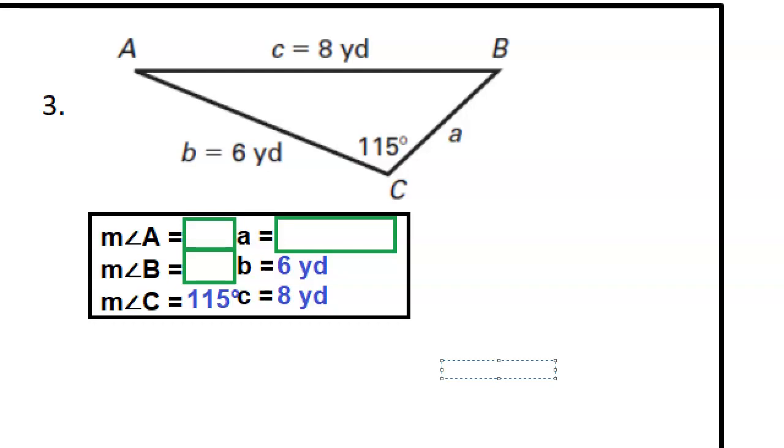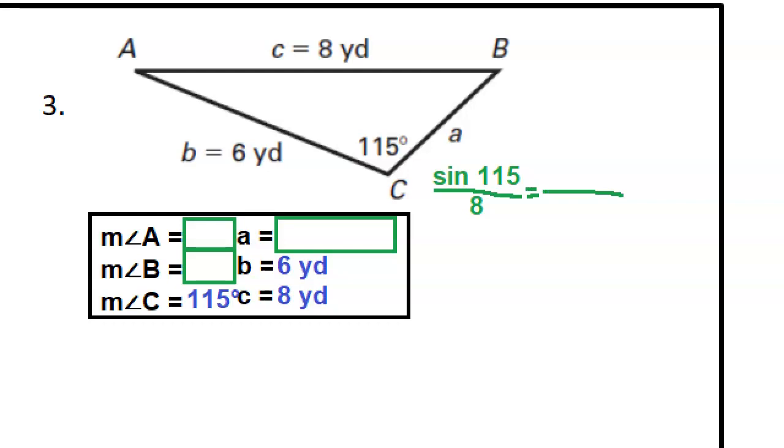All right, so let's take the letter that we know everything about. That would be the letter C, and we're going to say sine of 115 over 8. And then we're going to choose the letter that we would like to know more about.